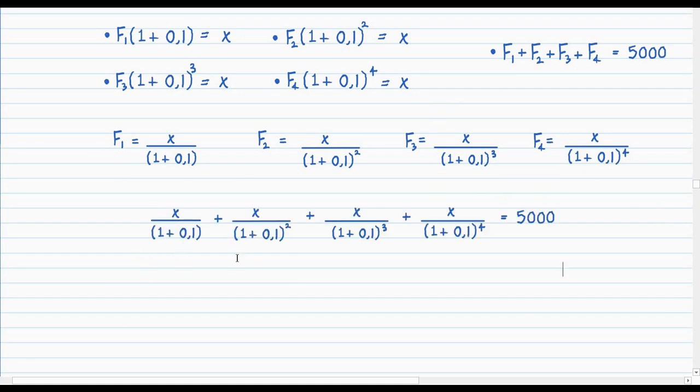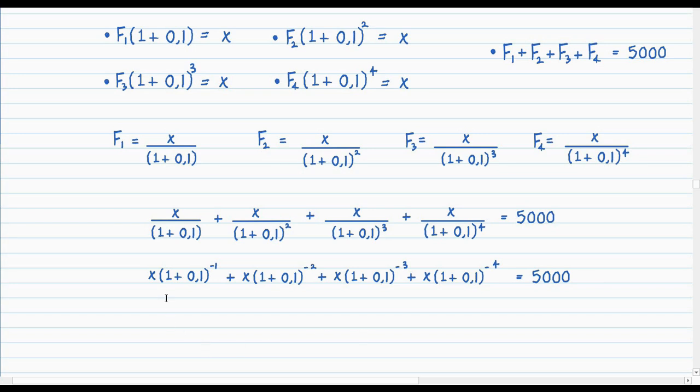Another way of representing these terms is by taking the bracketed terms up to the numerator and making the exponent a negative, which looks like x times 1 plus 0,1 to the power negative 1 plus x times 1 plus 0,1 to the power negative 2 plus x times 1 plus 0,1 to the power negative 3 plus x times 1 plus 0,1 to the power negative 4 equals 5,000.